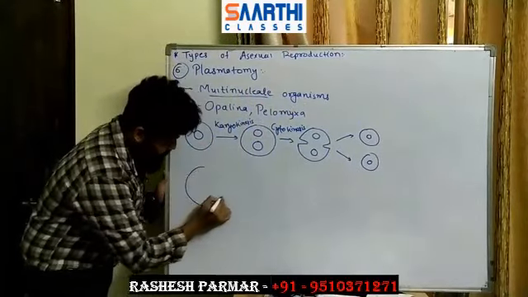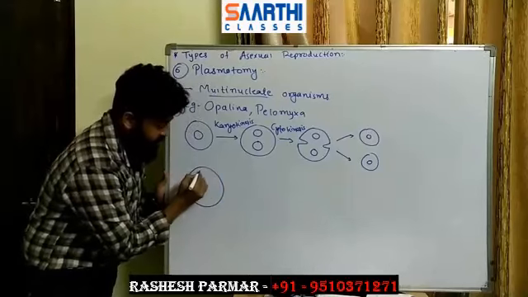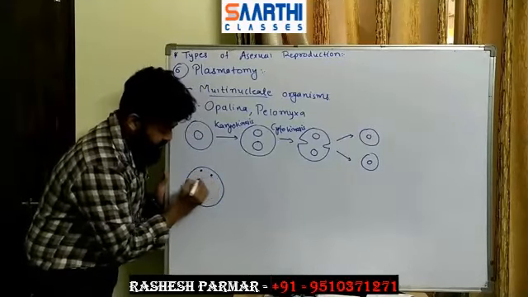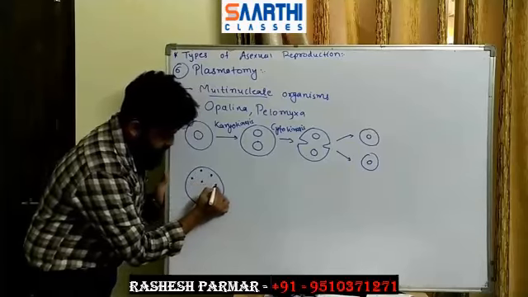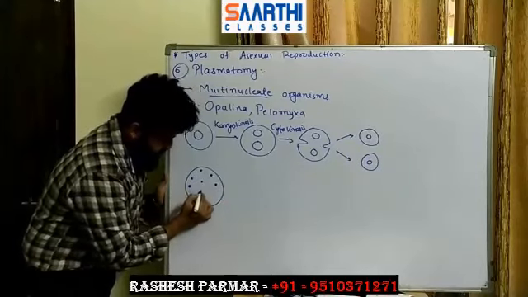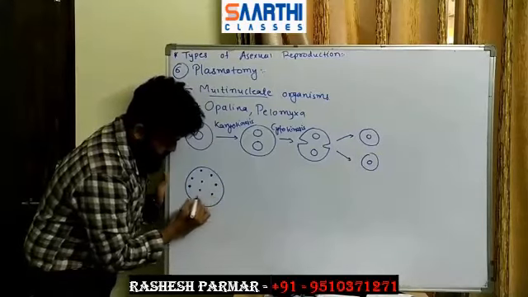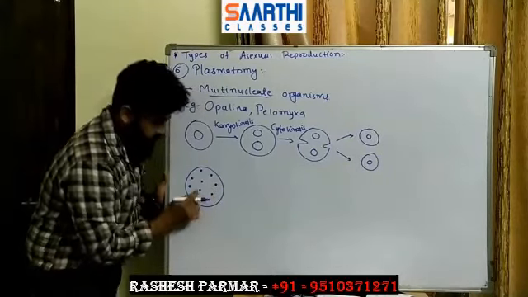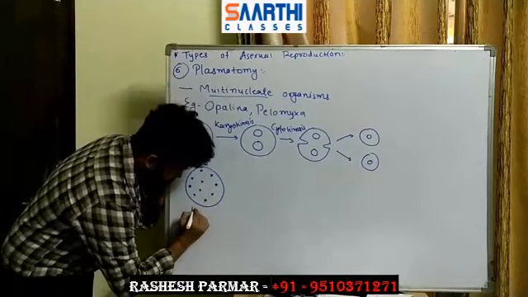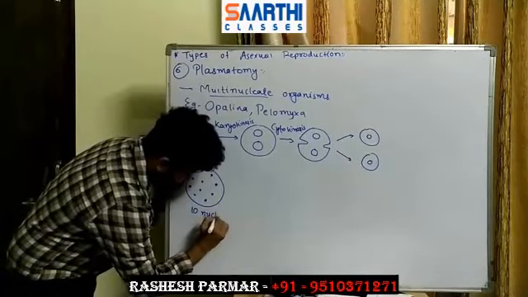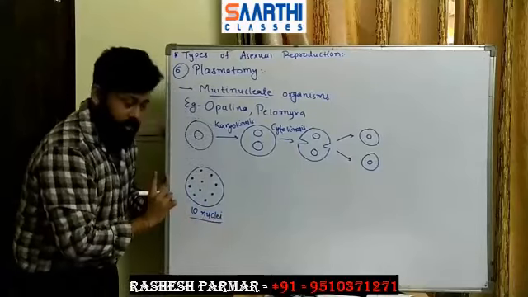Let's say an organism is multinucleate and contains 10 nuclei. So these are 4, 5, 6, 7, 8, 9 and 10, a total of 10 nuclei.